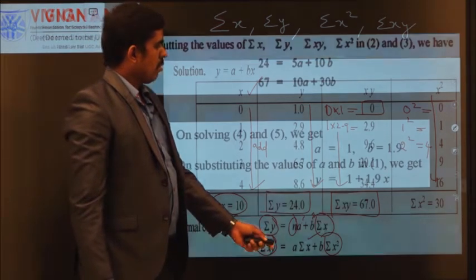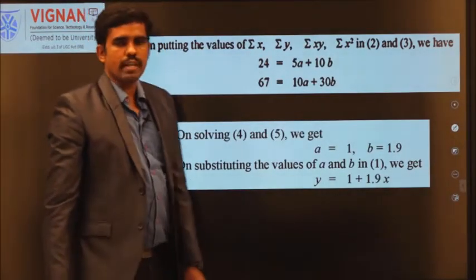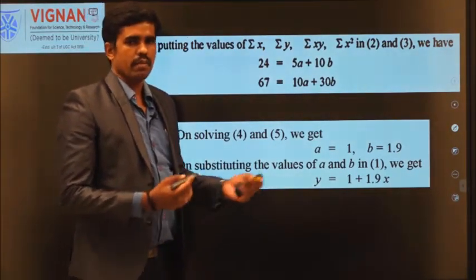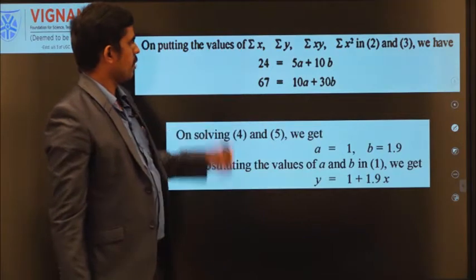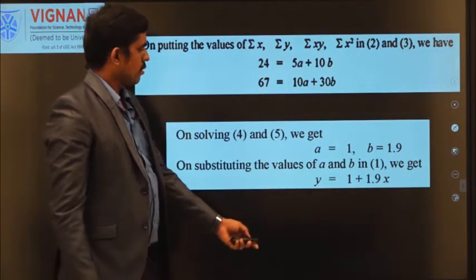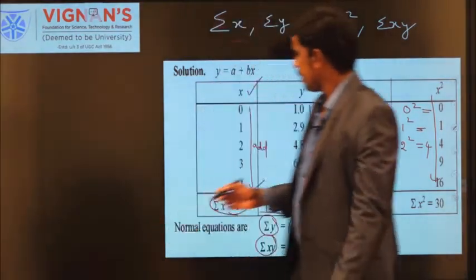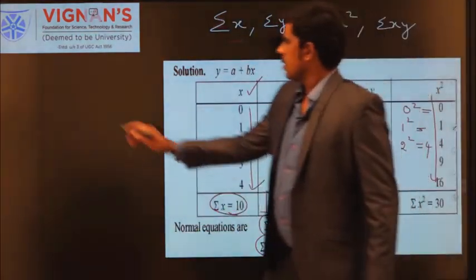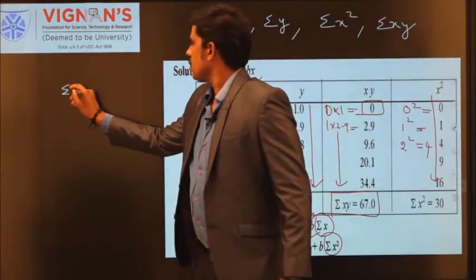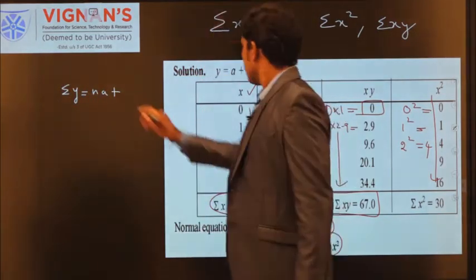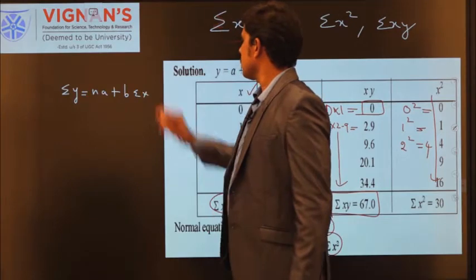Now I am substituting all the values I have got from the table. So what are the normal equations? Summation y is equal to n into a plus b into summation x.